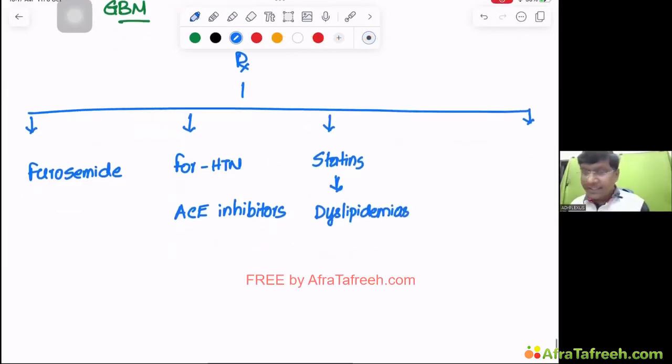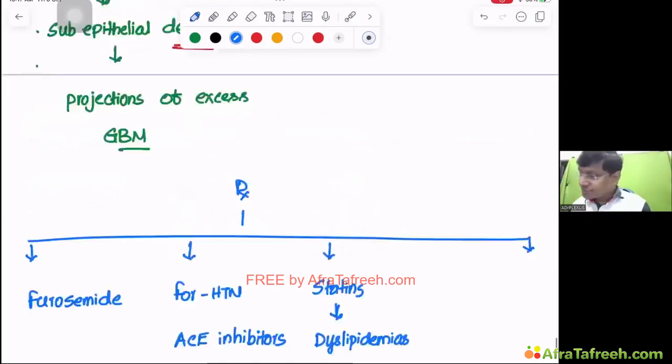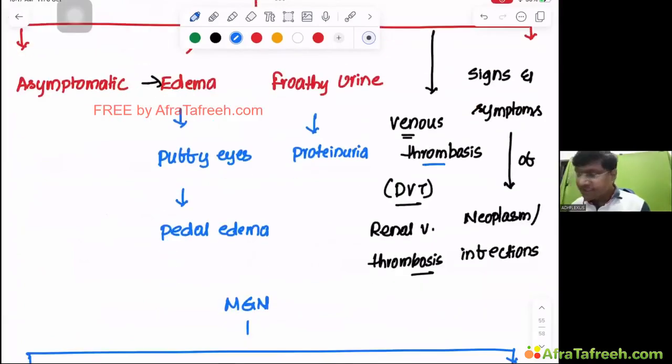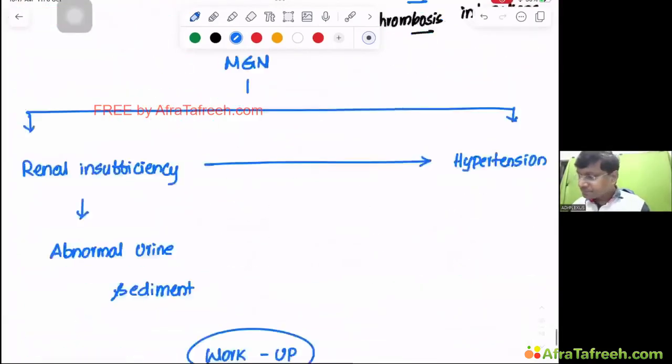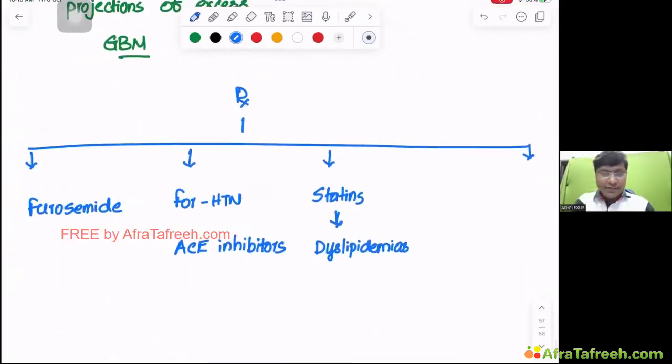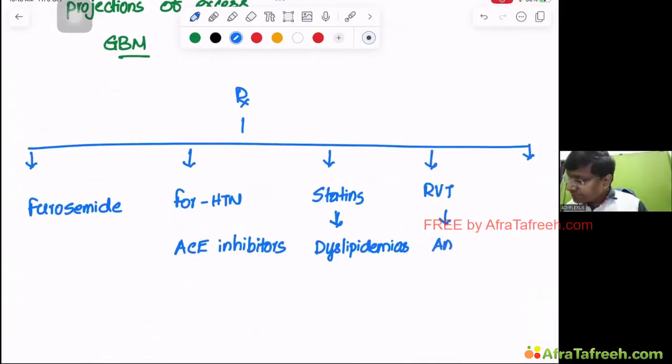Okay. And as I have said, these patients also have renal vein thrombosis. We have discussed that these patients are at increased risk of venous thrombosis, and there can be renal vein thrombosis also. So what will you give for the renal vein thrombosis? For renal vein thrombosis, you need to give anticoagulants.